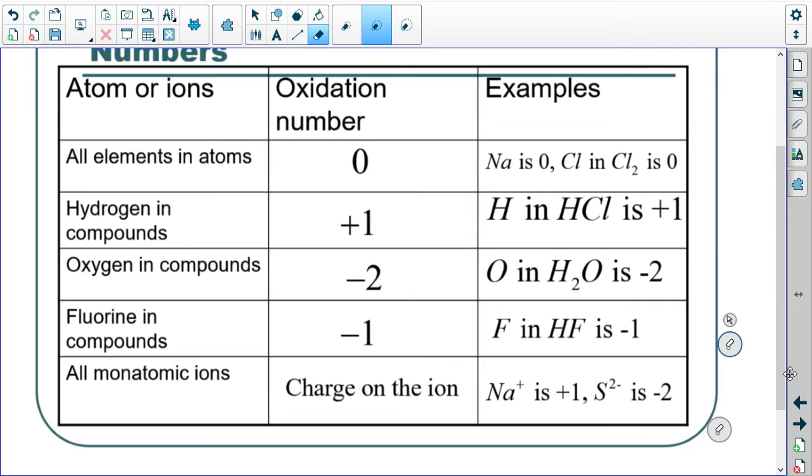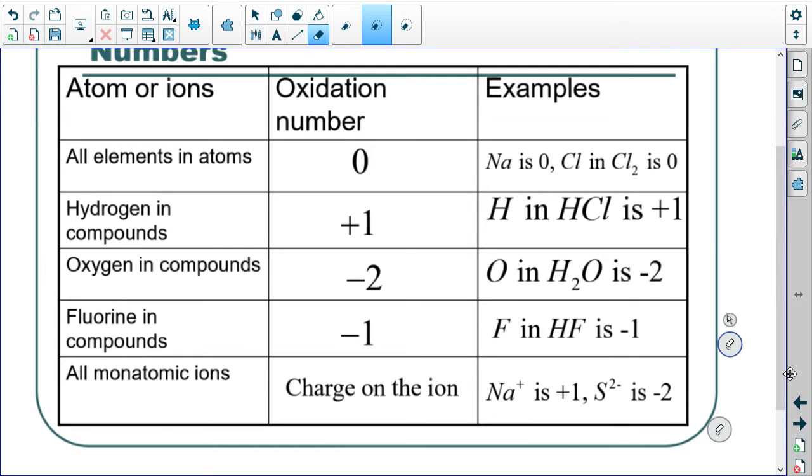Oxygen has the second strongest attractiveness for electrons. It's going to pull electrons off everything but fluorine. So with two exceptions that we'll talk about, we assign oxygen a -2.